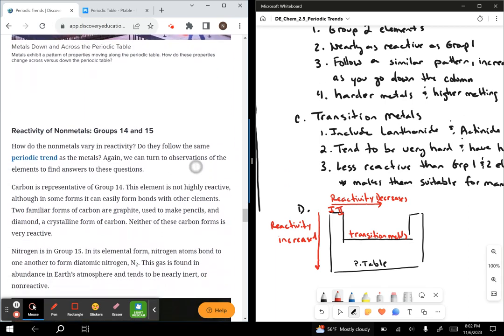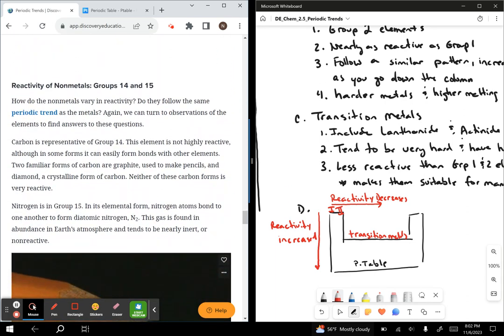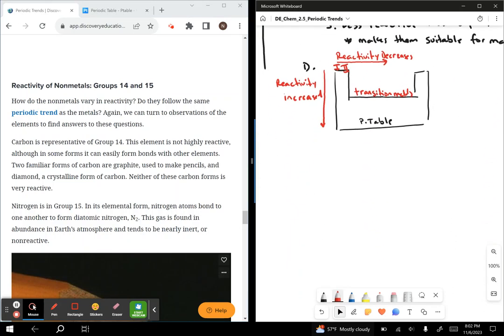Okay, and now we're going to move to the other side. We're going to go to group 14 and 15. All right, so let's go letter E, okay? The reactivity of nonmetals.